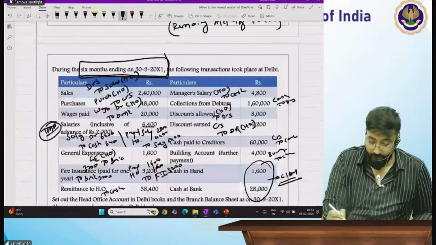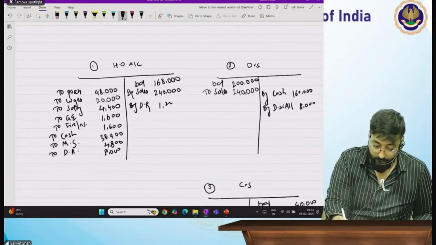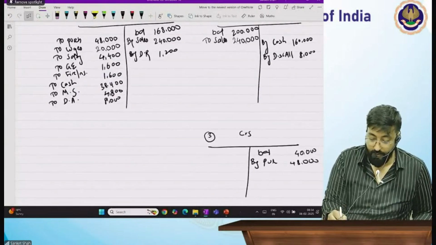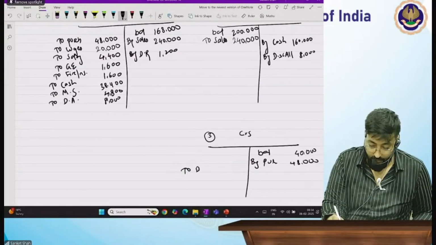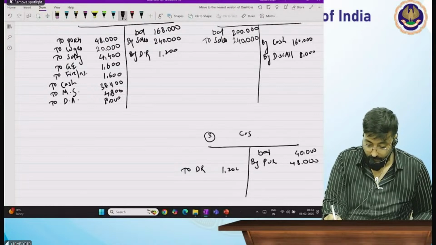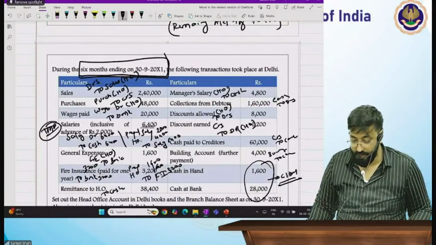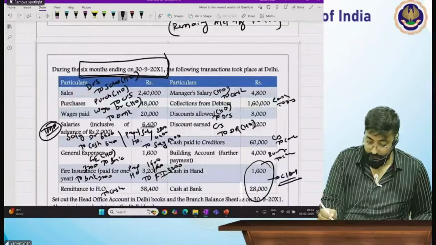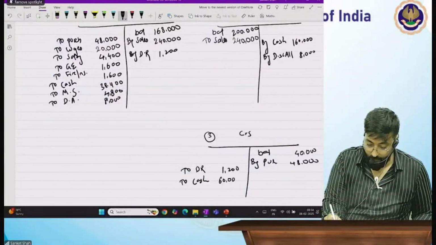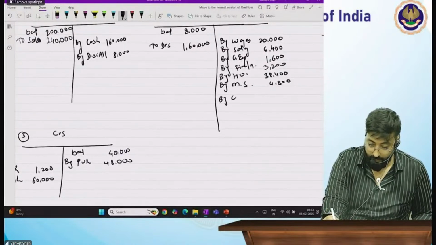By discount 1,200, and second effect, creditors by discount, to discount 1,200. Cash paid to creditors. Sir, to cash. Creditors account 60,000. Cash account to, by creditors, 60,000.